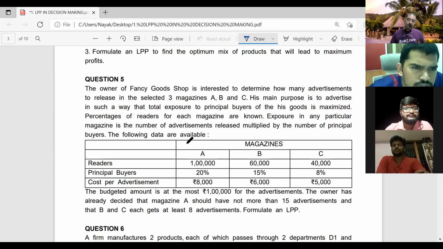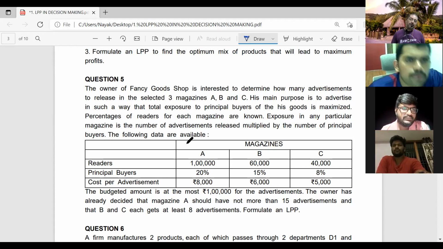What will the variables X1, X2, X3 be defined as? Will it be the number of readers, number of principal buyers, cost per advertisement, number of advertisements?